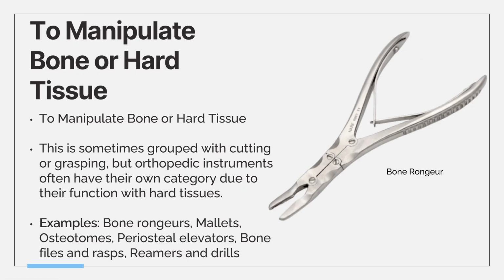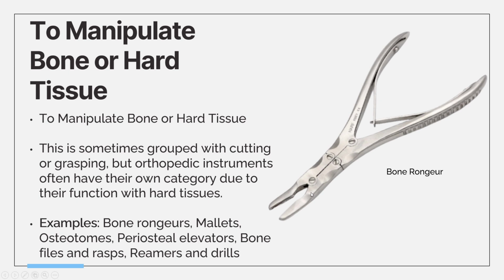Our next instrument type are ones that manipulate bone or hard tissue. Instruments like bone saws, chisels, or rongeurs are used to cut or shape bones and other hard tissues.